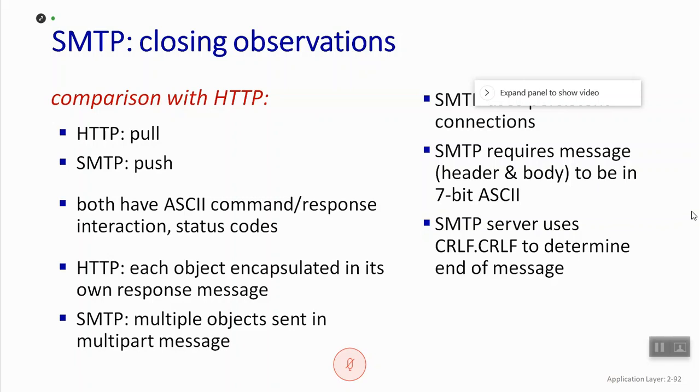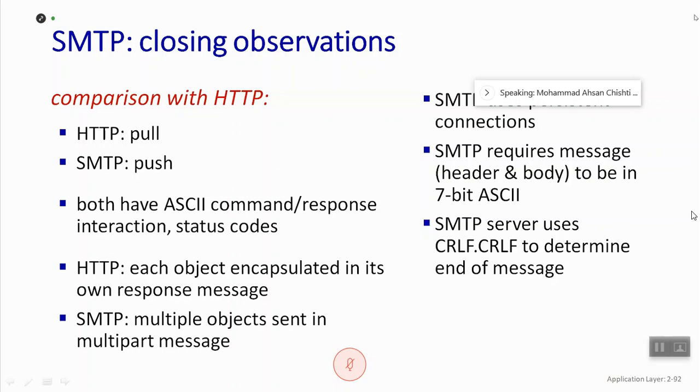Well, you send requests to the web server for pages to get information. Both have ASCII command and response interaction and status codes, which I mentioned here. In HTTP, each object is encapsulated in its own response message, whereas in SMTP, multiple objects are sent in multi-part messages.